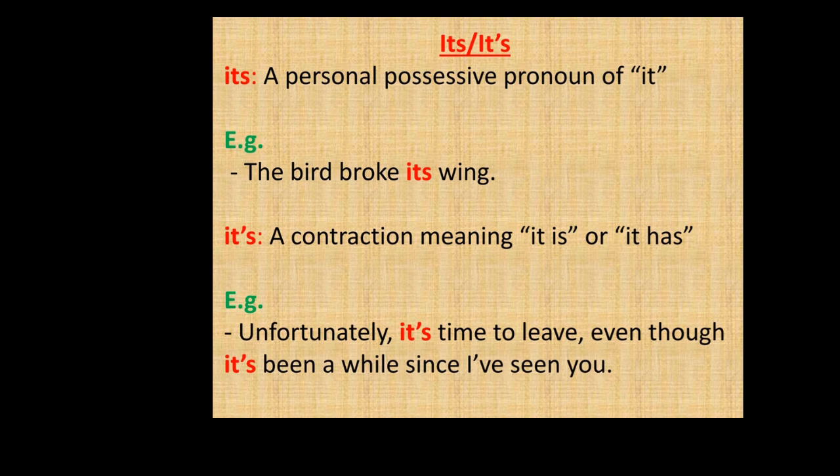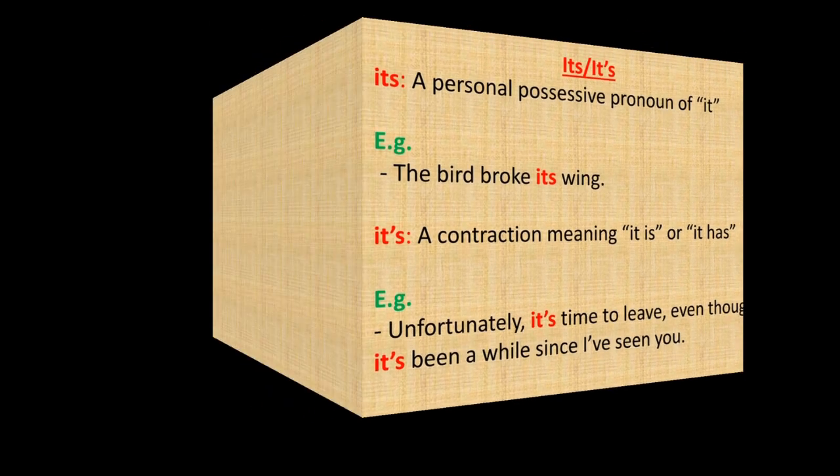If after it comes a past participle, it's it has. Unfortunately, it's time to leave, even though it has been a while since I have seen you. So the first one is it is, the second is it has.